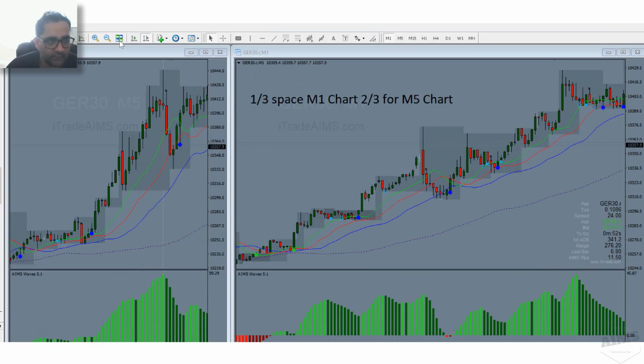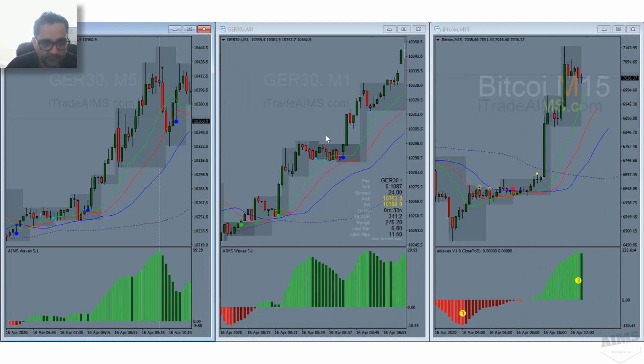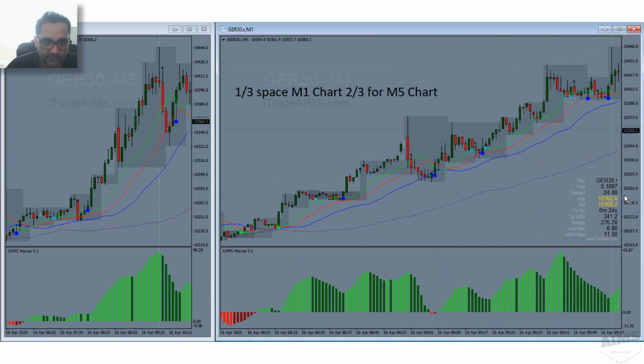Here, we need to press this button. And when you click that button, it's going to arrange the 3 charts vertically, like so. Now, I want this one to be M5, it's already there. And I want this one to be M1, drag it there.